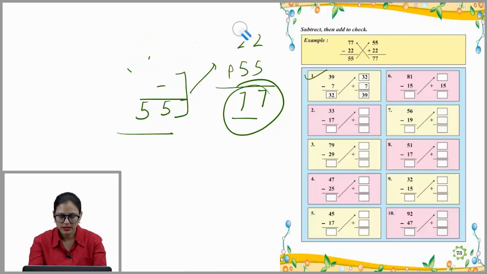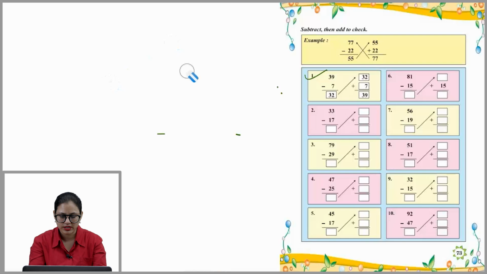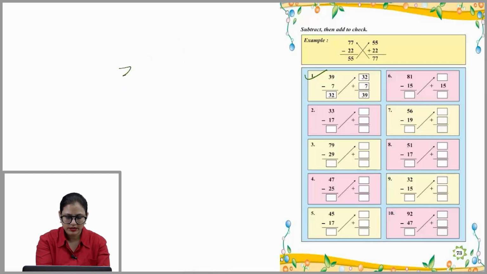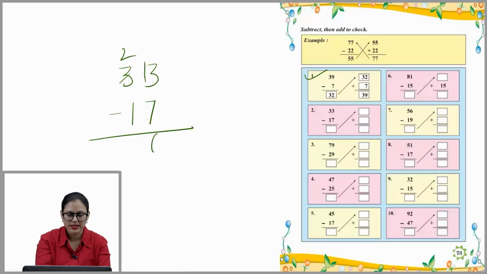Okay. 33 minus 17. You cannot subtract 7 from 3, so we will borrow from here. 13 and 2. 13 minus 7 is 6. 2 minus 1 is 1. Now we will add.